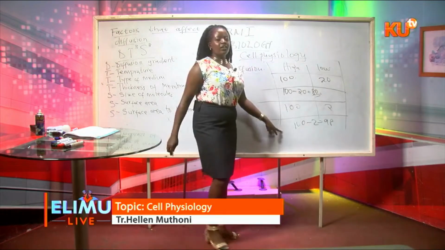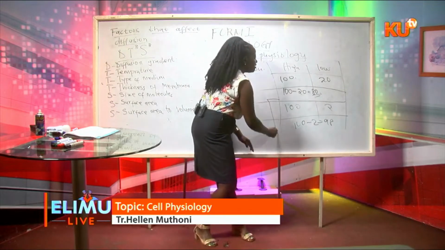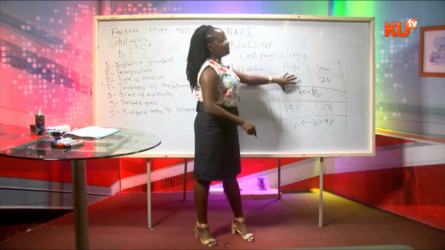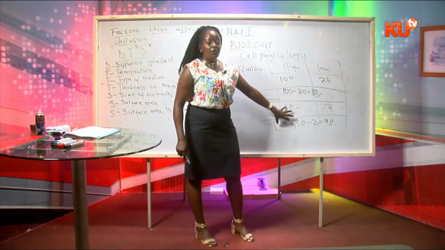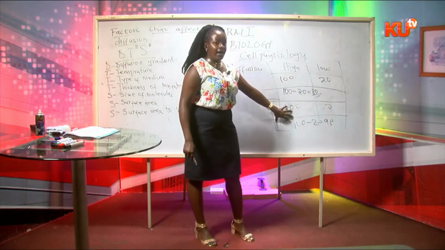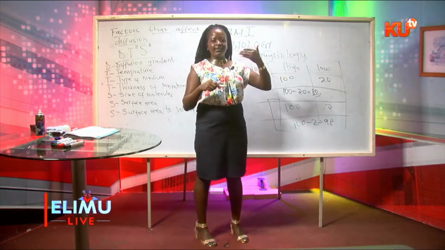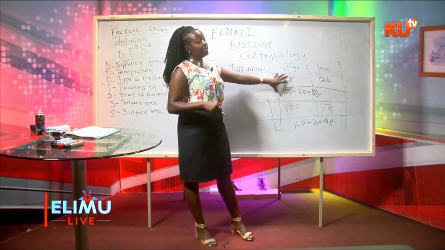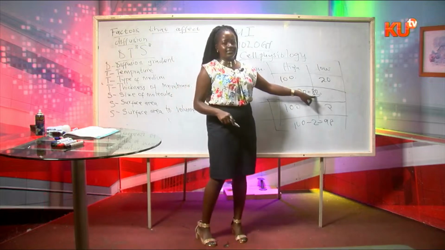So diffusion gradient in the second scenario will be greater than in the first scenario. So there'll be a higher rate of diffusion in this area because the difference in concentration is greater, and there'll be a low rate of diffusion in this area because the difference is lesser.